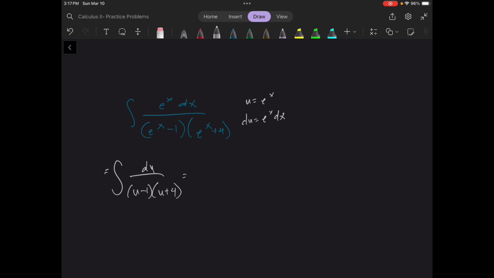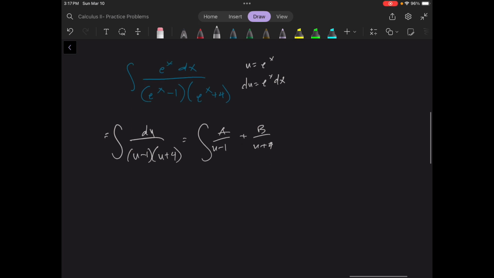So they already did the factoring for us. We know this is going to become some a over u minus 1 and some b over u plus 4. These are more test level questions because you need to know some trig, you need to know some precalc, you need to know the partial fractions, and of course you need to know the calculus too.